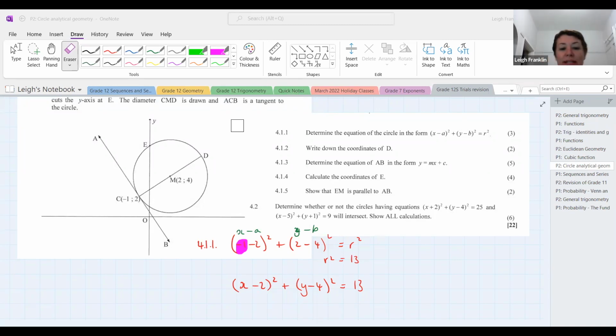Okay, so the coordinates at D, has anybody managed to work out what those are? Do you know how to do it, or you're not sure?